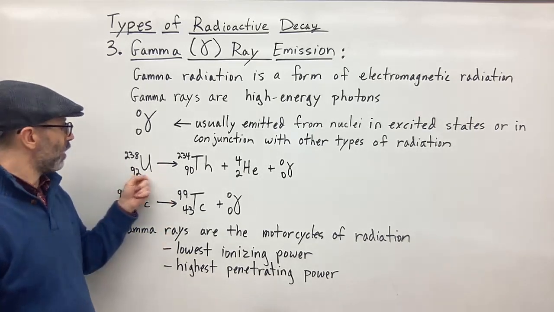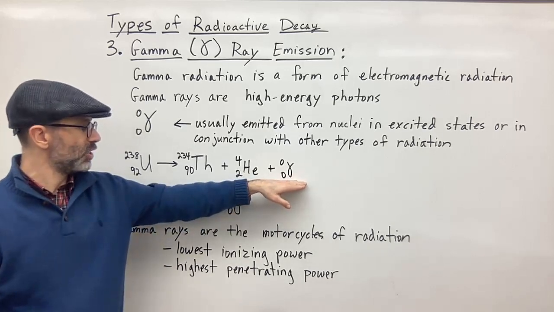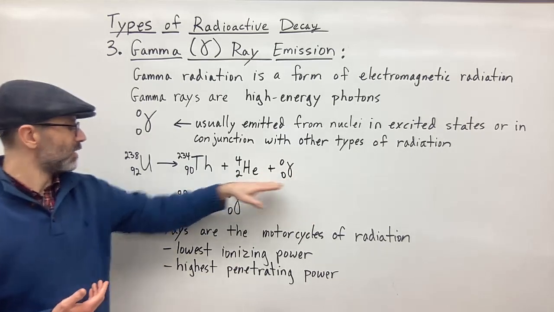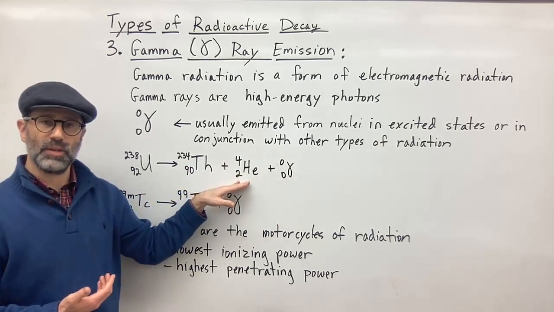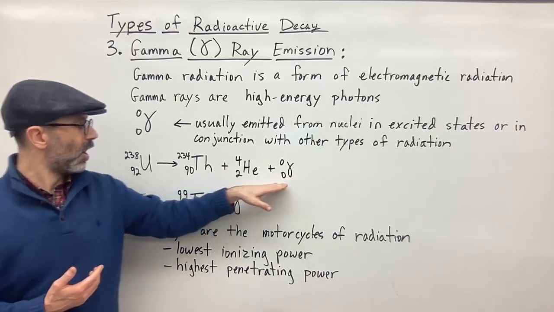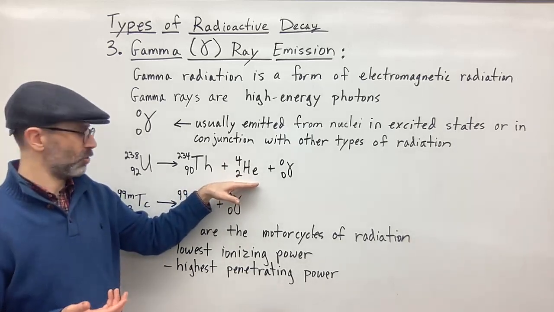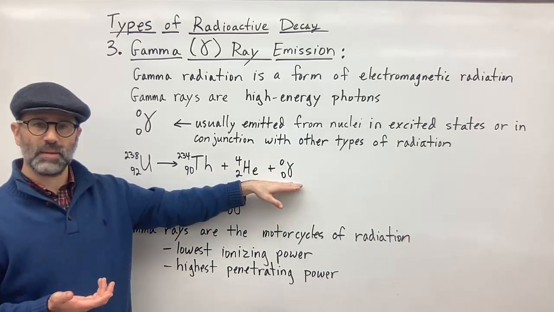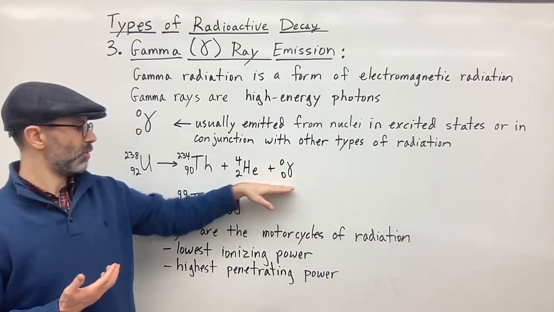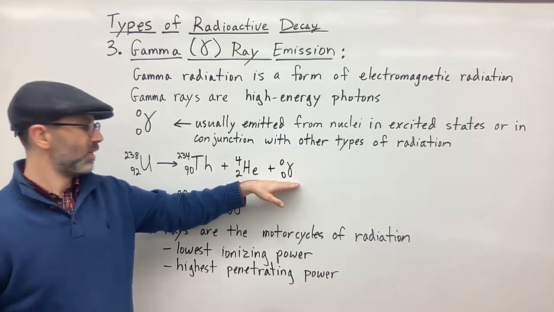So here, when you undergo this alpha decay, we can see that the gamma ray is released along with the release of the alpha particle. But you could have cases in which the time at which the alpha particle or the beta particle is released is not quite the same as when the gamma ray is released. So there might be a delay in the release of the gamma ray.